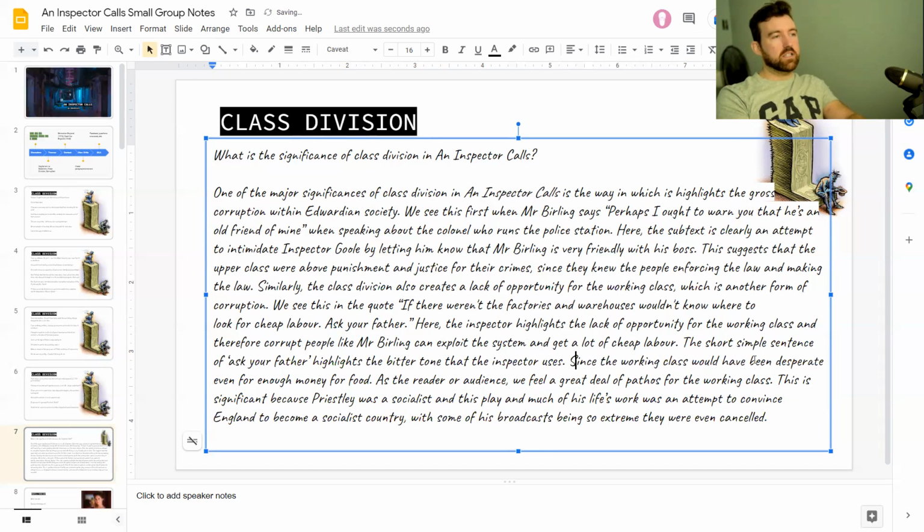So don't forget to use language devices in every quote as best you can. I should do that too in my models, obviously. And then we've gone into what the reader would have thought or felt, and also linked it to some context. So there you go. That's what you've got to do. That's a model paragraph for class division in An Inspector Calls.